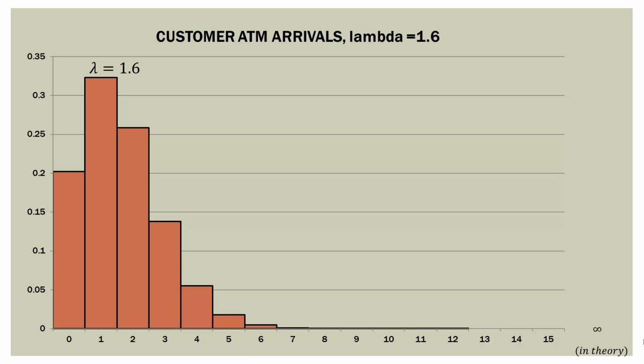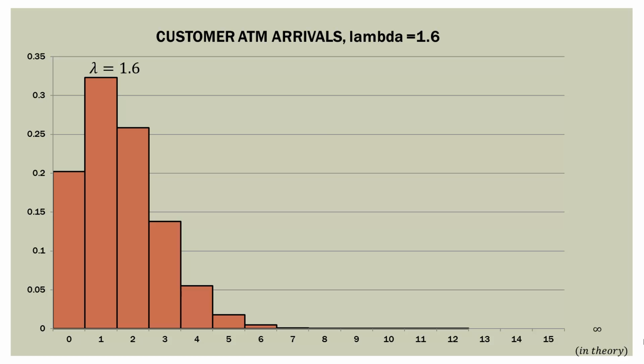Now you can see we have 0, 1, 2, 3, and 4, and then it goes off from there. Very, very small probabilities. Now again, in theory, this graph goes on forever to the right, because we could have an infinite number of people walk up to the ATM, but in practice that does not happen. So we truncate our graph where the probabilities become so small that you can't even see them anymore.